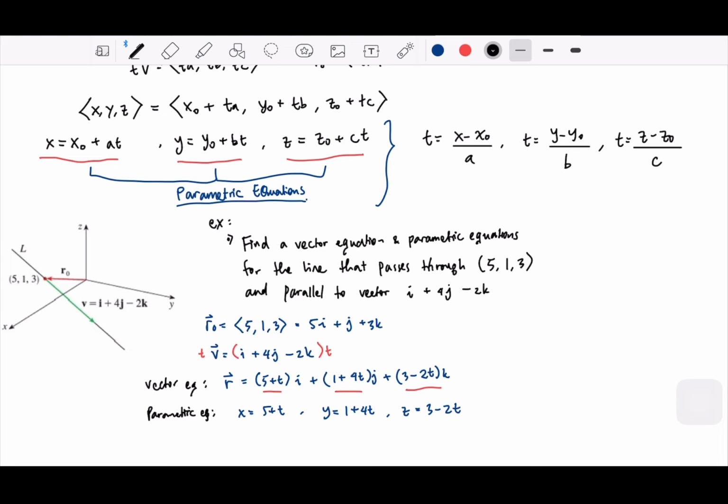And all the terms are equal to t, right? So we can take these equations and make all of them equal, and it becomes x minus x0 divided by a, equals y minus y0 divided by b, equals z minus z0 divided by c. This is called the symmetric equations.